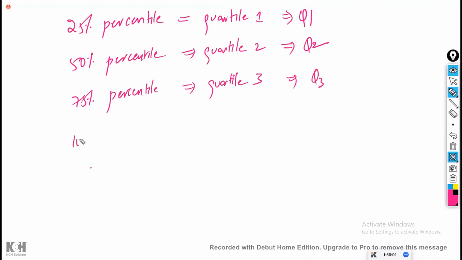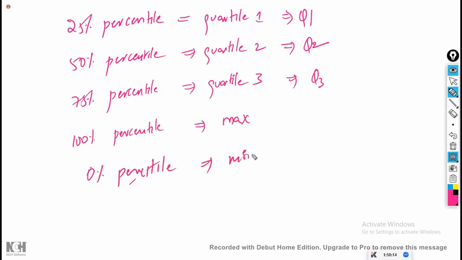And 100 percentile is called the maximum value. 0 percentile is called the minimum value. So 0 percentile is the minimum, 25 percentile is Q1, 50 percentile is Q2, 75 percentile is Q3, and 100 percentile is the maximum for a given data set.